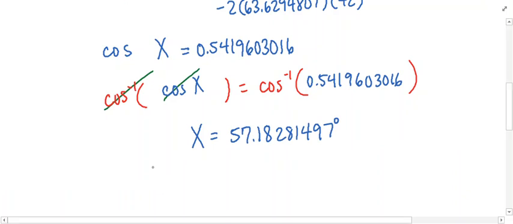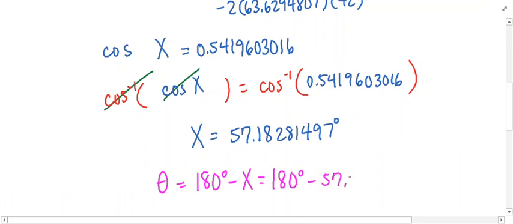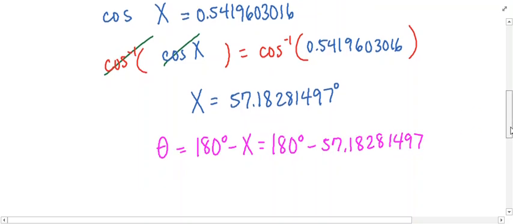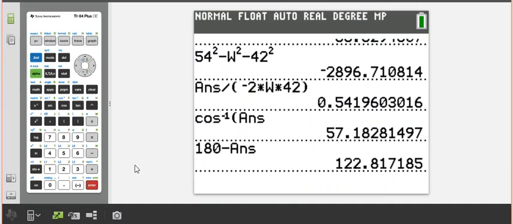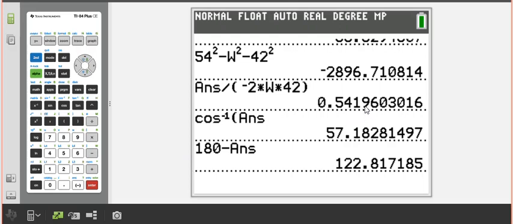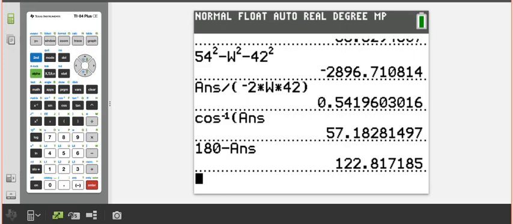So theta is equal to 180 degrees minus angle x. That's going to be 180 degrees minus this decimal that I just got. I'm going to take 180 and subtract out this result, and there is my number. I'll go ahead and jot this down, but I think we were told to round to the nearest whole number.